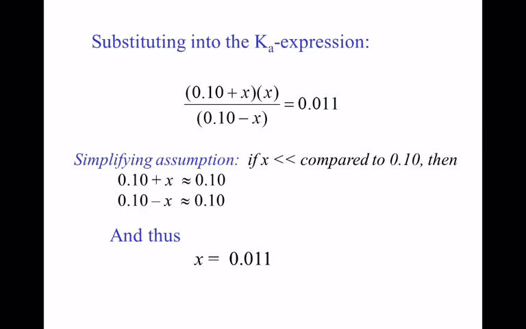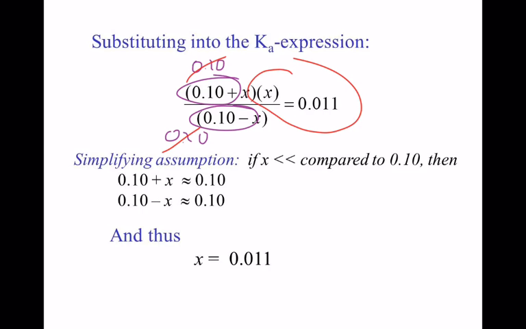It's not on here, but it's on the slides, and I could have been a little more explicit on the slides. In that case, this quantity becomes 0.10 and this quantity becomes 0.10, and they cancel each other out, and you get X is equal to 0.011.